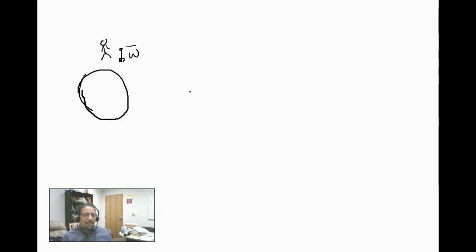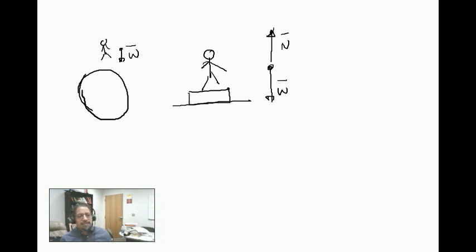Now, if we go to the doctor, we step on a scale, and let's look at our force diagram. You have your weight and the normal force. Now, the scale is applying this normal force on you, but if you look at the scale itself, you are applying another normal force of equal magnitude, and let's call this N from individual.